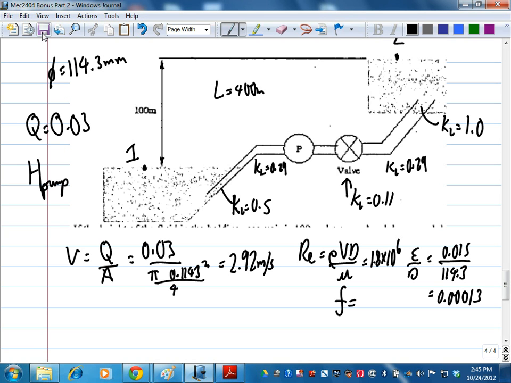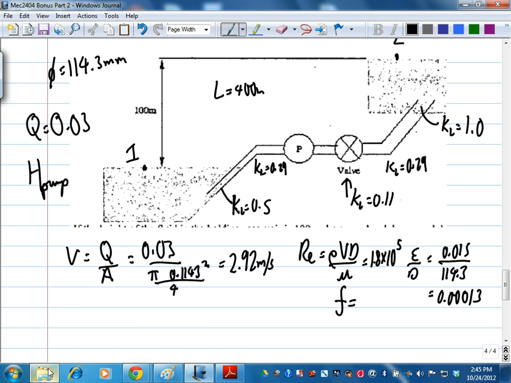You take point 1 and then point 2, H2 minus H1. And the power 5, 1.8 times 10 to the power 5. Is that okay? Everybody happy with that?